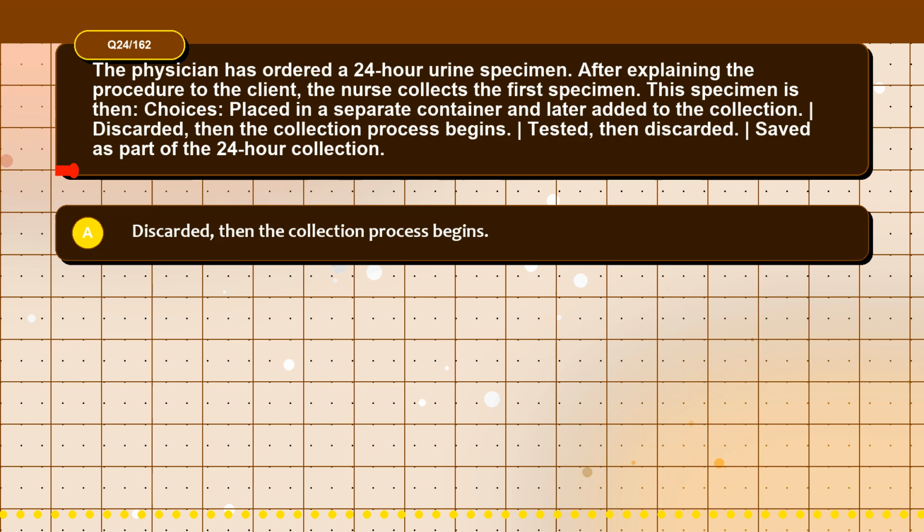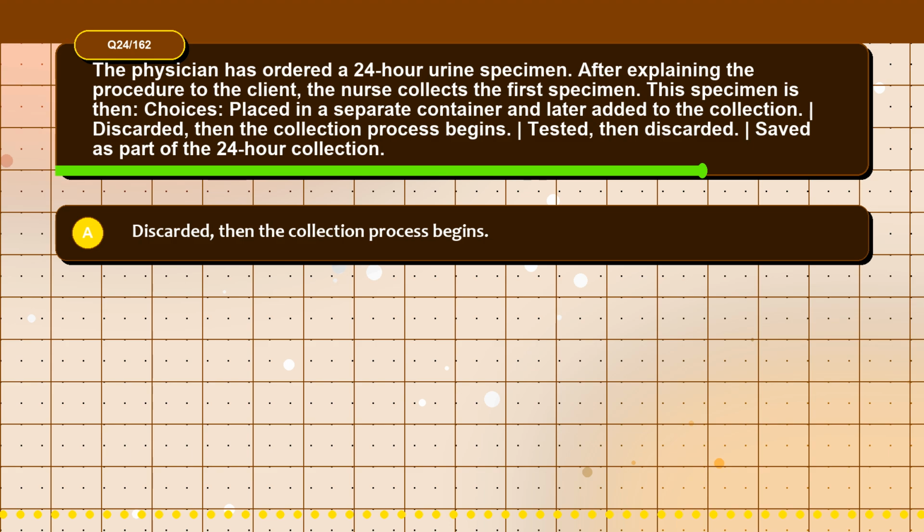Question 24. The physician has ordered a 24-hour urine specimen. After explaining the procedure to the client, the nurse collects the first specimen. This specimen is then, choices: placed in a separate container and later added to the collection; discarded, then the collection process begins; tested, then discarded; saved as part of the 24-hour collection.